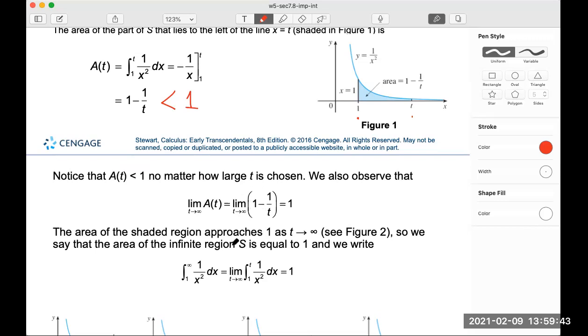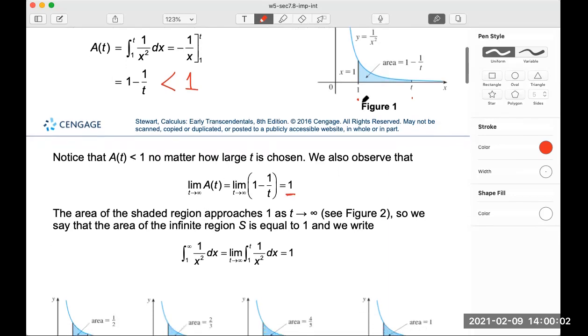From Calculus 1, we know that if t becomes very large, 1 over t will be very small. 1 subtracted by a very small number, that limit approaches 1. So we claim that the area of the shaded region approaches 1 as t approaches infinity.